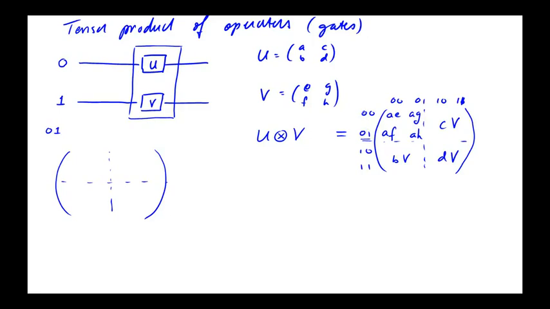It means that we go from 0 to 0 with amplitude A. So whatever happens to these four entries as a result of the second gate, what the first gate does is it goes from here to this quadrant with amplitude A. And similarly, the other quadrants have amplitude B, C, and D. That's the effect of U.